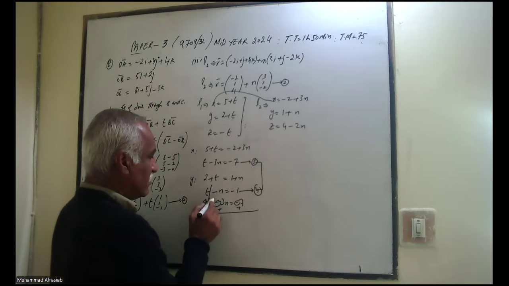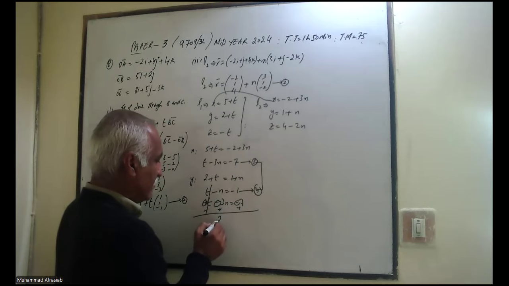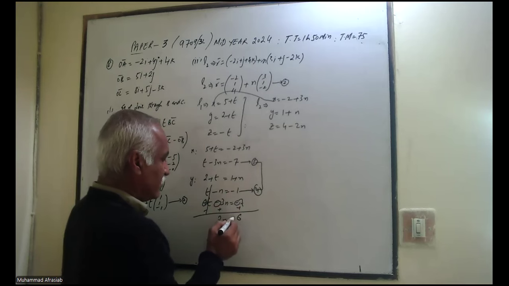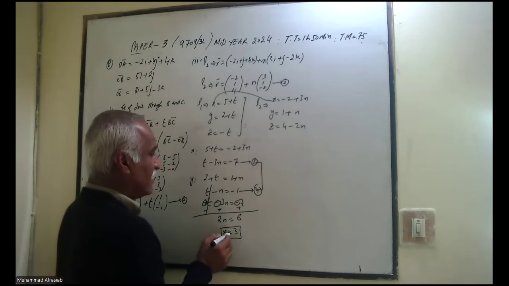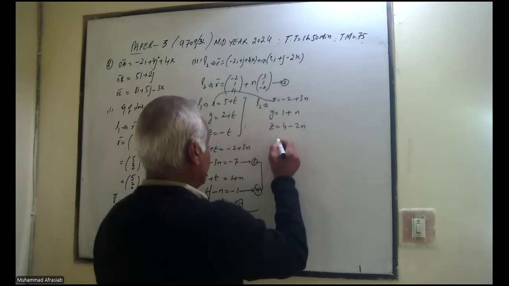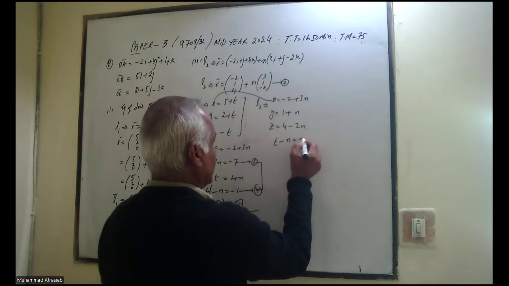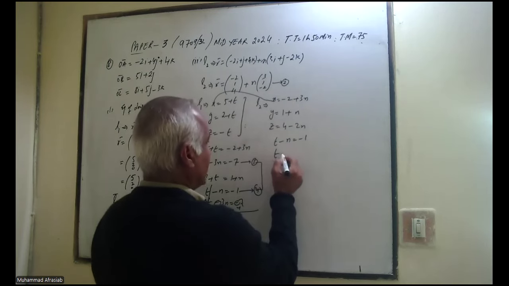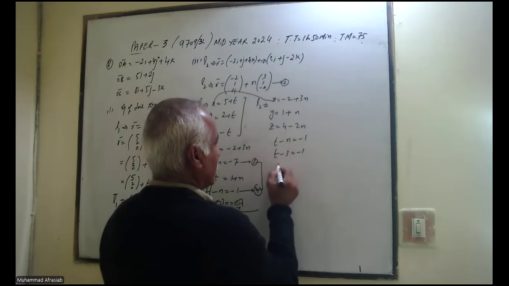So t and t cancel out. Minus n plus 3n is 2n is equal to 7 minus 1, that is equal to 6, or n is equal to 3. So when n is equal to 3, then t minus n is equal to minus 1. So t minus 3 is equal to minus 1, or t is equal to 2.